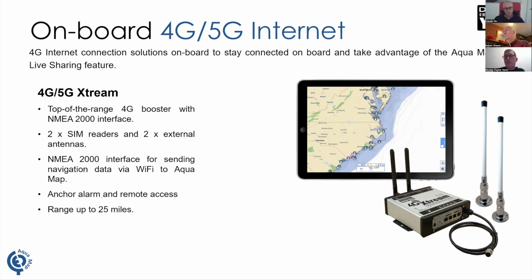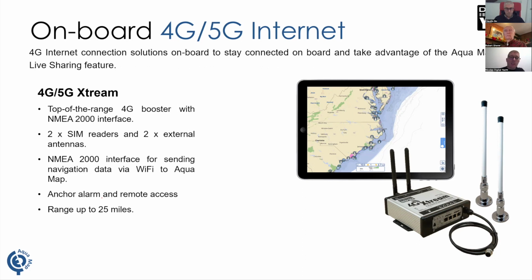And the 4G or 5G Extreme will pick up all your NMEA 2000 data and stream it over Wi-Fi as well as internet. So when you use AquaMap, you can download the GRIB files for the weather forecast, as well as receiving live all your AIS, GPS, and any other NMEA 2000 data.